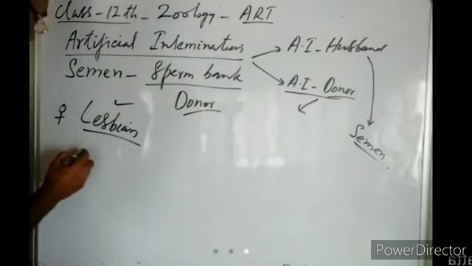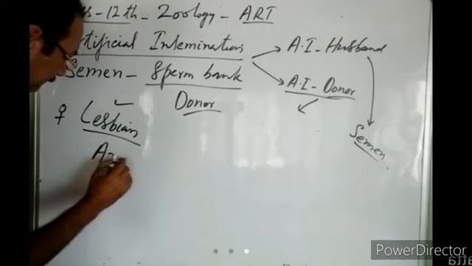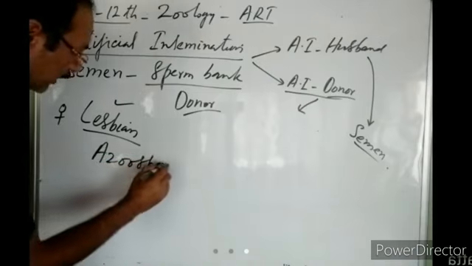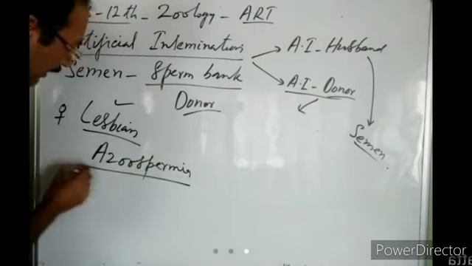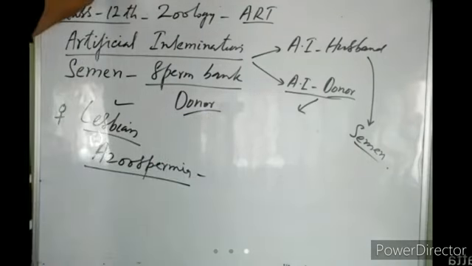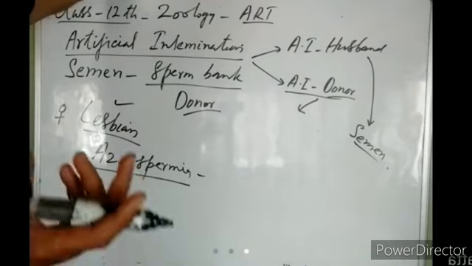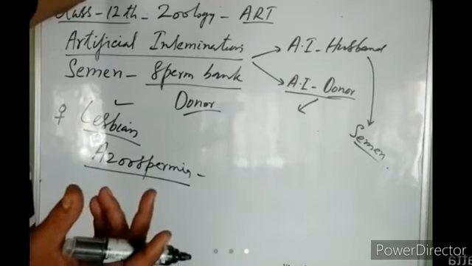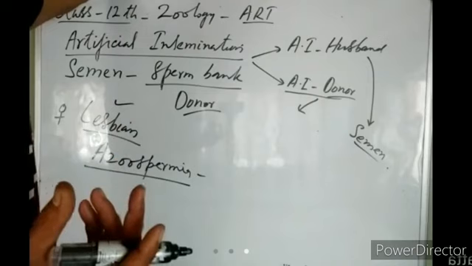Similarly, there are some males who suffer from azoospermia. A male who is suffering from azoospermia does not have any sperms in his semen. There is a couple whose male is suffering from azoospermia. The male is not producing sperms.